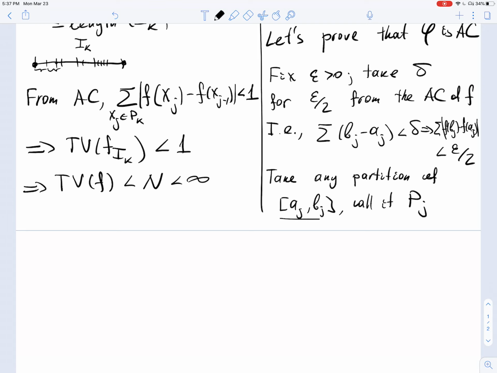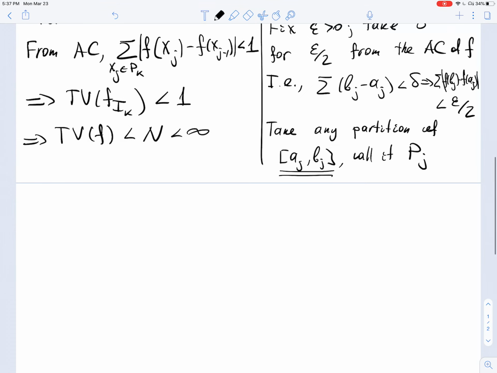So these intervals are disjoint, or at least disjoint except for the endpoints, because we were talking about open intervals, so they can meet at the endpoints. But except for the endpoints, they're disjoint, and so the Pj's are also disjoint, except maybe for these connecting points.